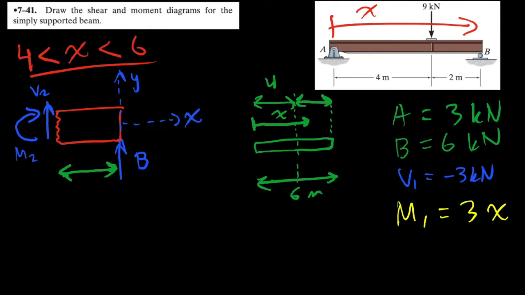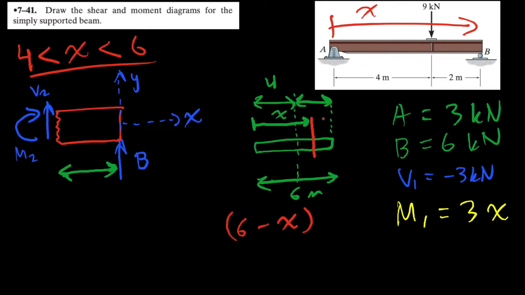So if I want to look at, let's say, this section, let me use a different color for that. If I want to look at this section, how can I describe algebraically what point in the beam I'm looking at? Well, we know that this distance is x, right? And we also know that the total distance is 6. So if I want to look at this distance, then we're looking at 6 minus x.